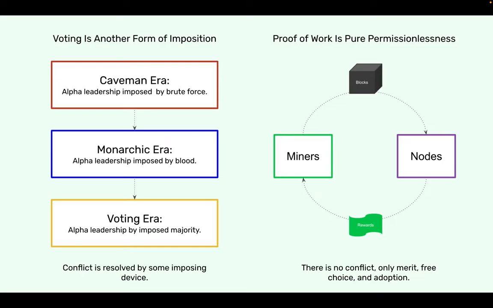In this slide, I compare proof of work with these three eras of how to resolve conflict. The Caveman Era, then the alpha leadership is imposed by brute force, but it is imposed. Imposed means that even if there's people, a minority, or whatever fraction of the group doesn't like it, they have to accept it. This is the key of conflict resolution devices. It happens in nature as well. If you have two bears and one already got to a place and marked it as their territory, the other bear doesn't like it, but they accept it.